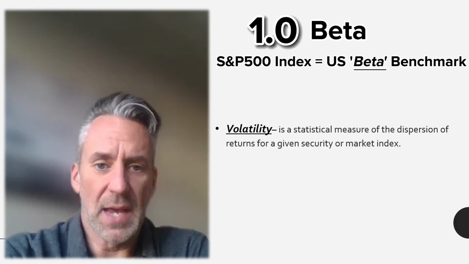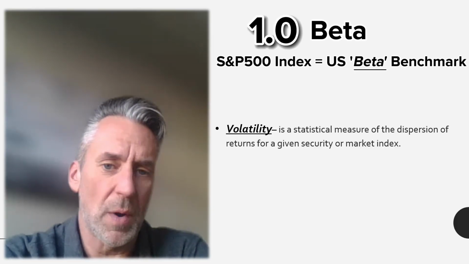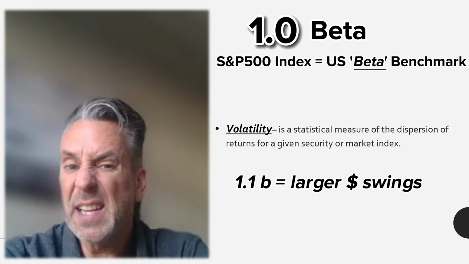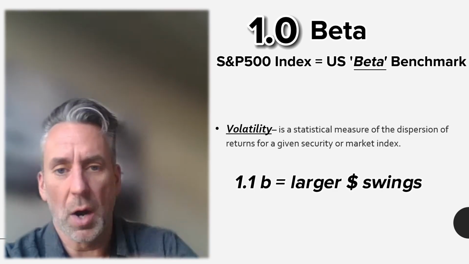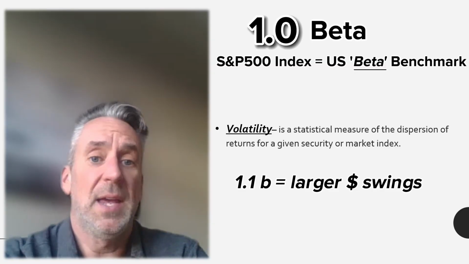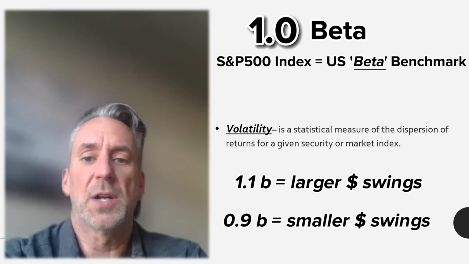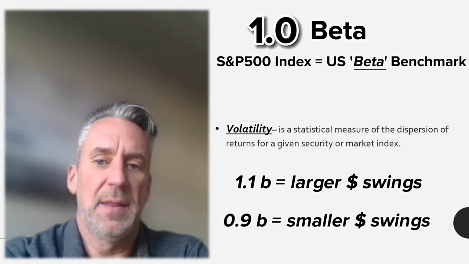And suggesting that any securities with a beta that is higher than 1.0 means it is likely to fluctuate more largely than the fluctuation of the S&P 500 index. If that beta is lower than 1.0, then it is going to fluctuate less than the S&P 500 index.